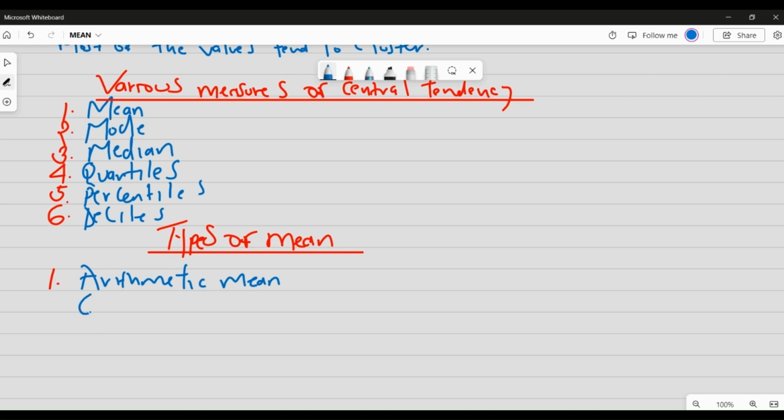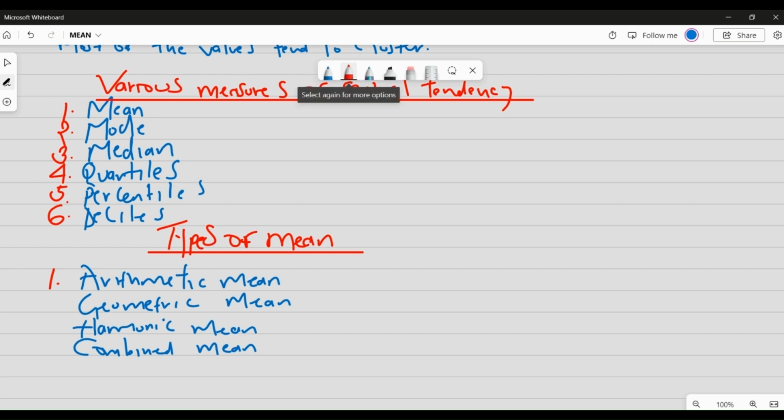We have the geometric mean. We have the harmonic mean. And lastly, we have the combined mean. So these are the common types of mean that are commonly tested.